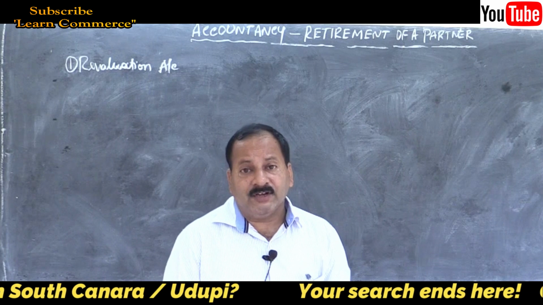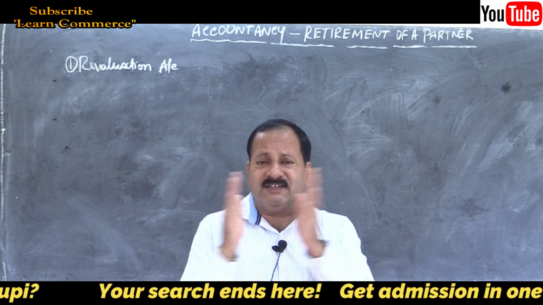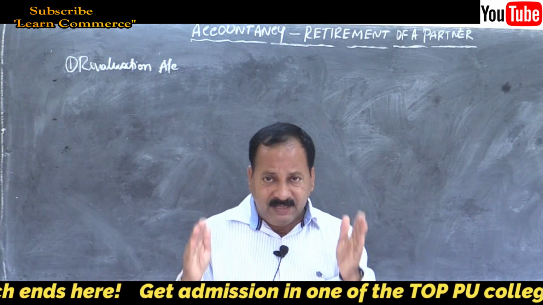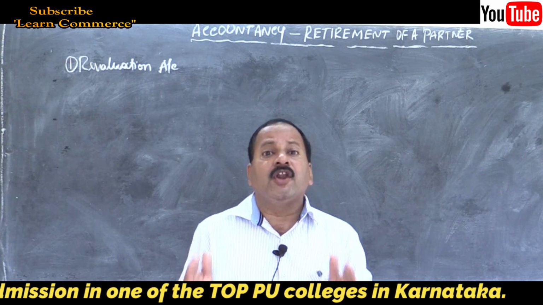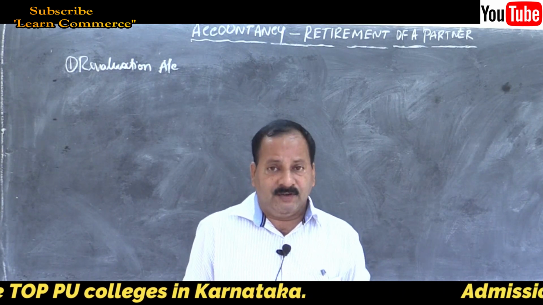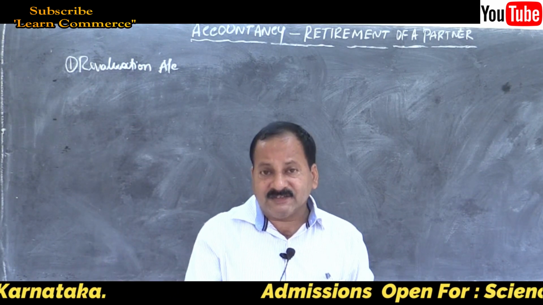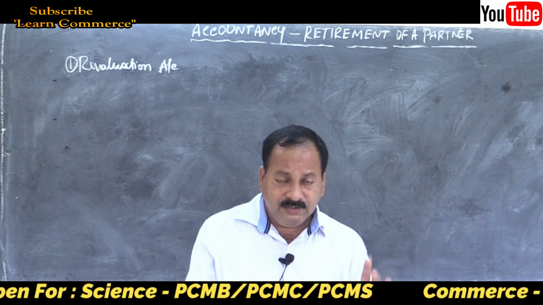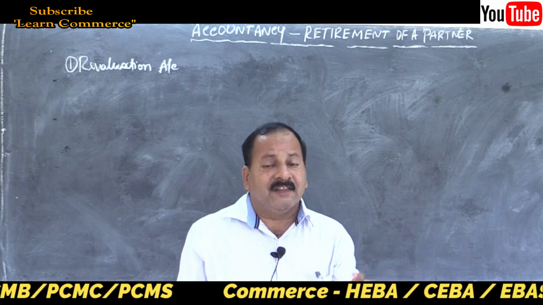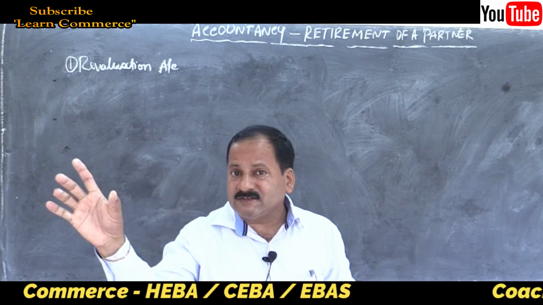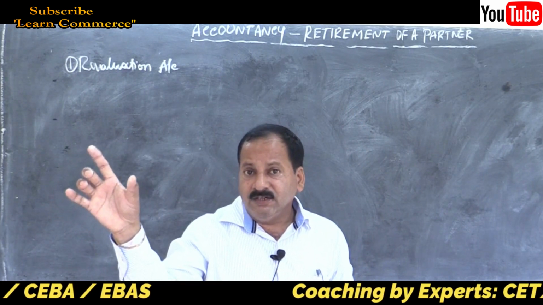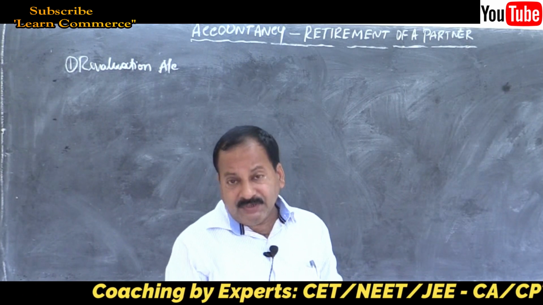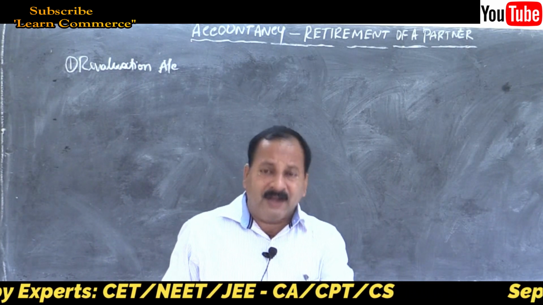Under retirement, we will prepare it in the same way, and the final balance, that is profit or loss on revaluation: if credit side total is greater than the debit side, that means profit. If debit side total is greater than the credit side, that means loss. That will be transferred to all partners' capital accounts.